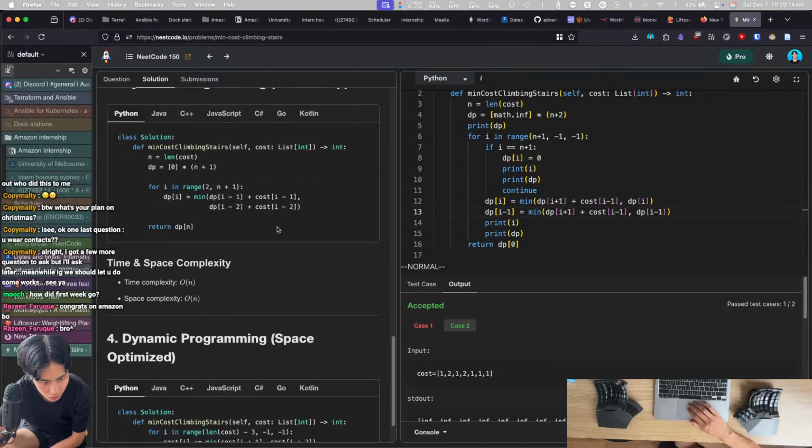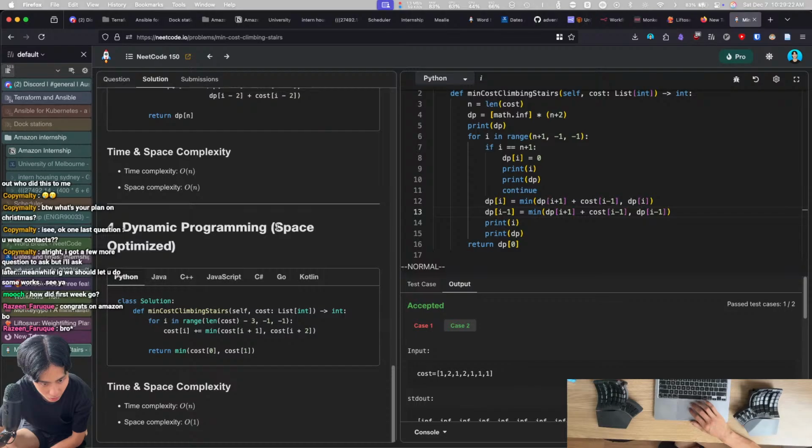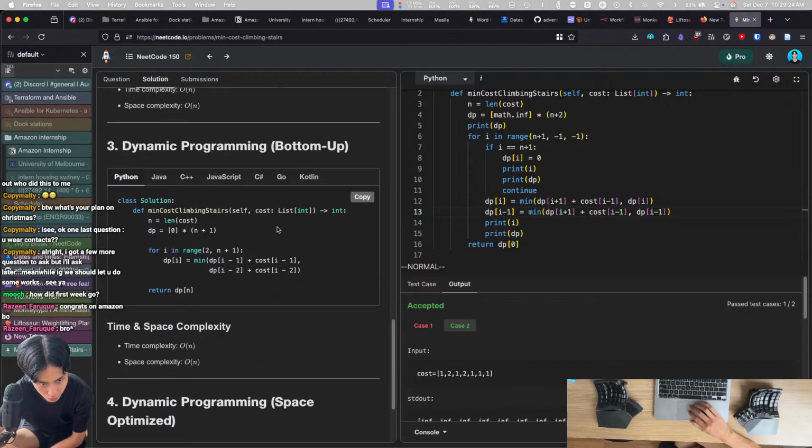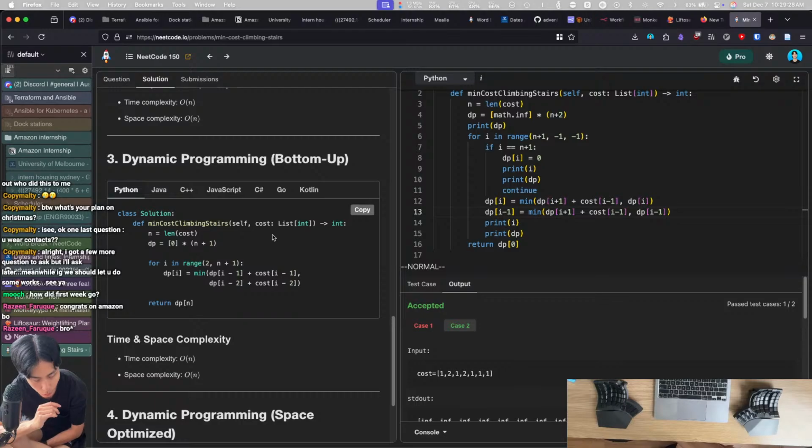Holy, the simplicity. Space optimized is pretty cool. Let's see. Dynamic bottom up. This is something I was trying to do. You start from 0. You make them all 0. And then for I in range of 2 to n plus 1.